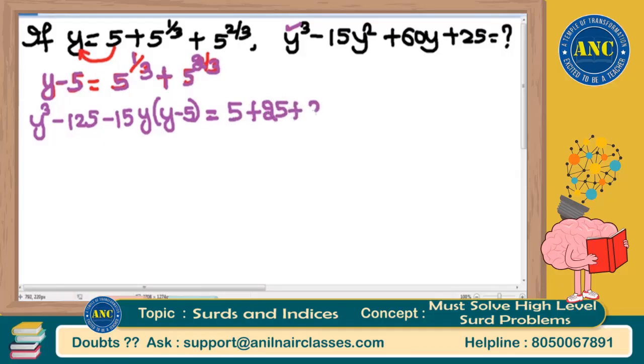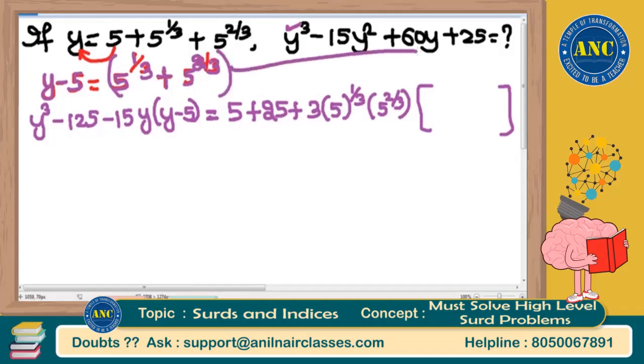Plus 3ab, 3 into 5 power 1 by 3 into 5 power 2 by 3, into a plus b. A plus b is nothing but the same expression, 5 power 1 by 3 plus 5 power 2 by 3, which is equal to y minus 5.